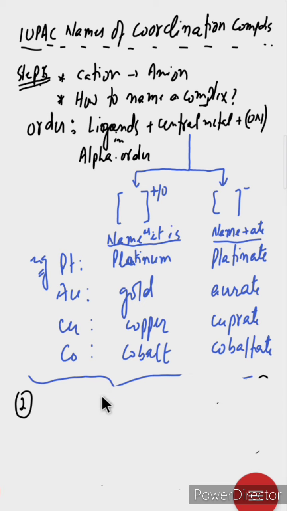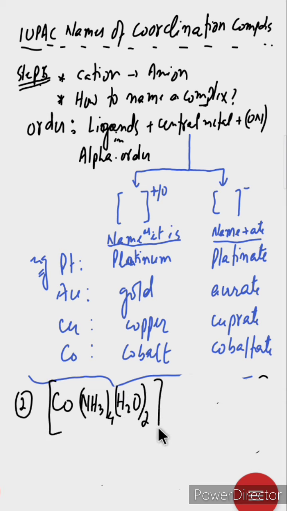Let me write this complex: Co, NH3 four times, two water molecules as ligands, and here three chlorine atoms.